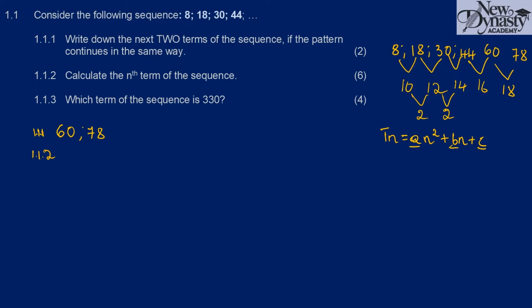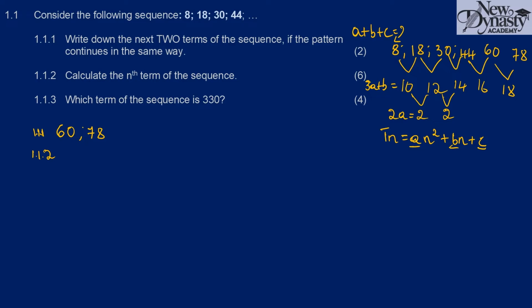And we are told in our different schools that a plus b plus c is equal to the first term of your sequence, and 3a plus b is equal to the first term of the first differences, and 2a is equal to the second difference. So that is how you're going to calculate the nth term of the sequence.